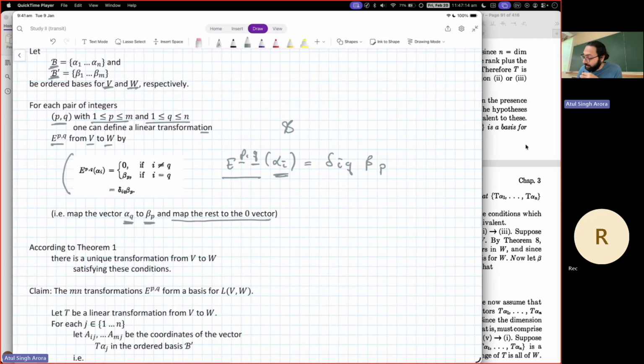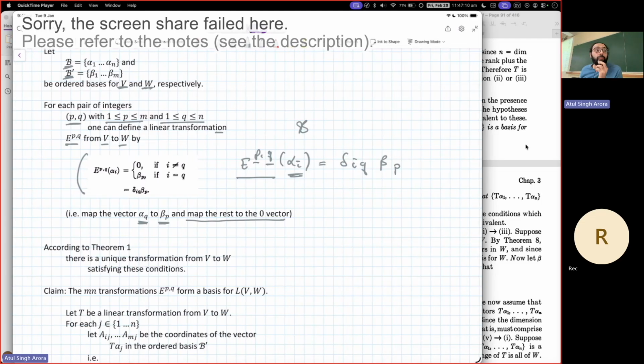Is that okay? Because when this index i is different from q, this delta will disappear. You know the delta function: delta_{ab} is defined to be 1 when a equals b and 0 otherwise.